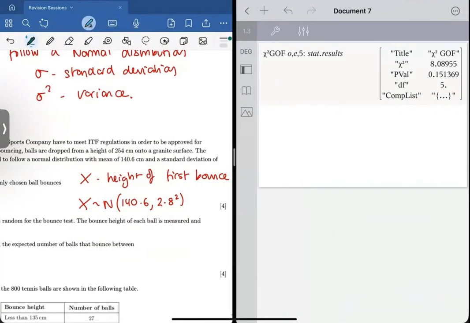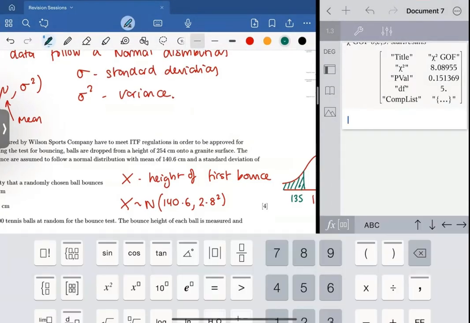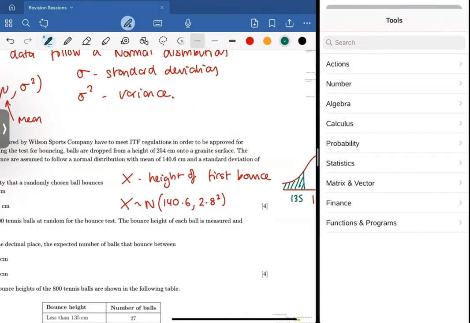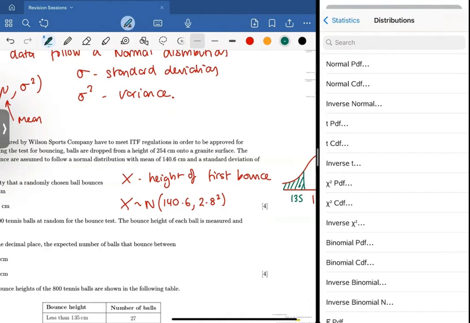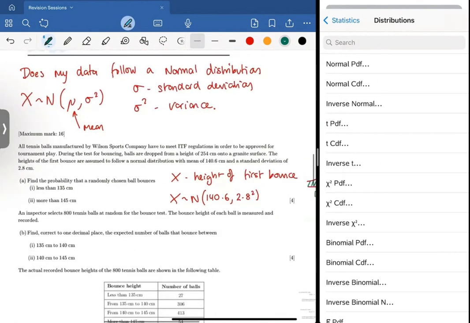Right, so we just need to be in the calculator, and we're going to go to statistics, and we're going to go to distributions this time. Normal, we want to do normal CDF, so C standing for cumulative. We want less than 135.